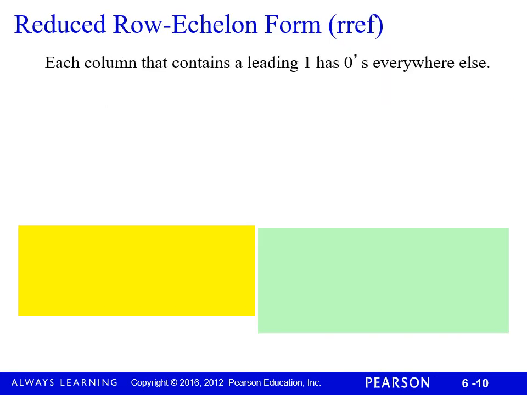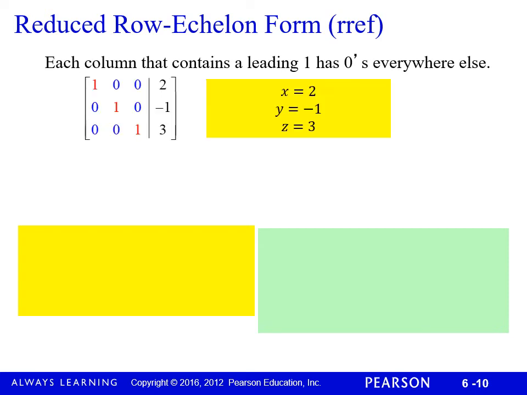All right. We're going to look at a different way to do this exact same problem. And it's called reduced row echelon form. Okay. And each column that contains a leading one has zeros everywhere else. So this is what a reduced row echelon form of a matrix looks like.